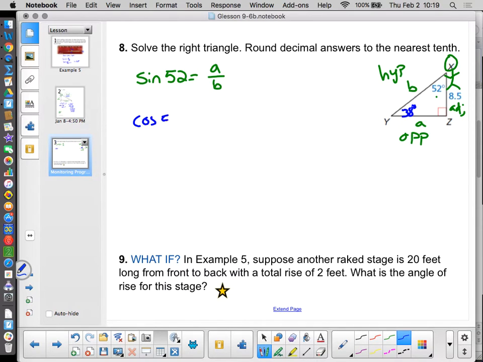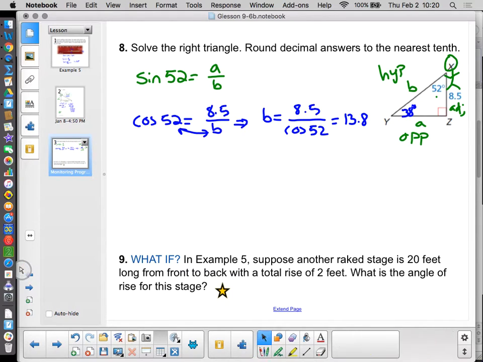Cosine of 52 is the adjacent over the hypotenuse, which is 8.5 over B. Oh, I can solve that because the variable's in the denominator there. Pretty straightforward. I swap those two. So B equals 8.5 over cos 52. And we just plug that in our calculator. 13.8.